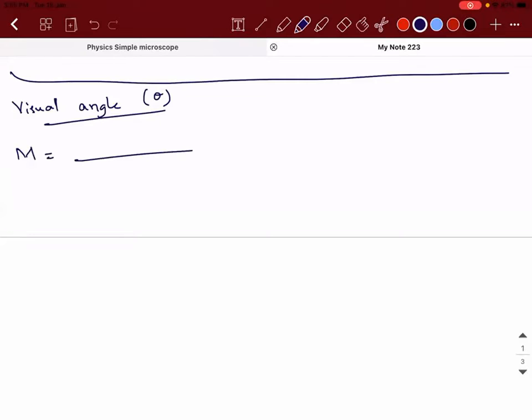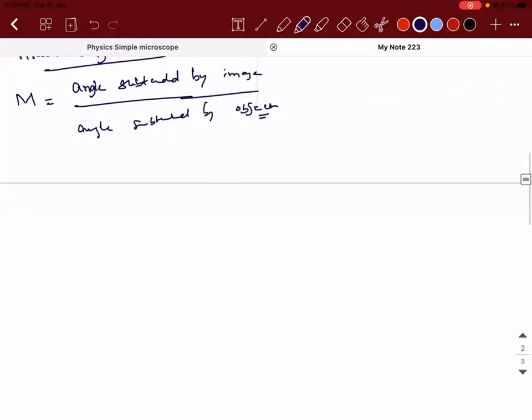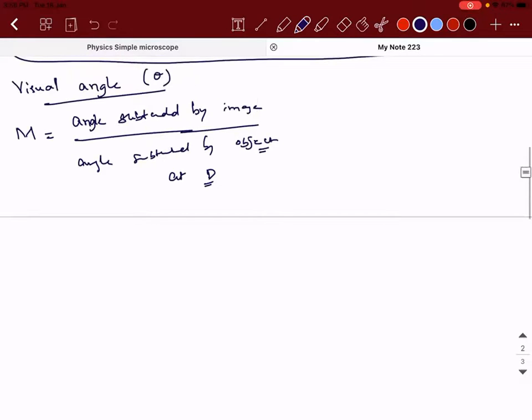Magnifying power is the ratio of the visual angle subtended by the image to the angle subtended by the object at the least distance of distinct vision. By default, you should always look at the object at the least distance of distinct vision with the naked eye, and that angle will be alpha. So it is the height of the object and the least distance of distinct vision.